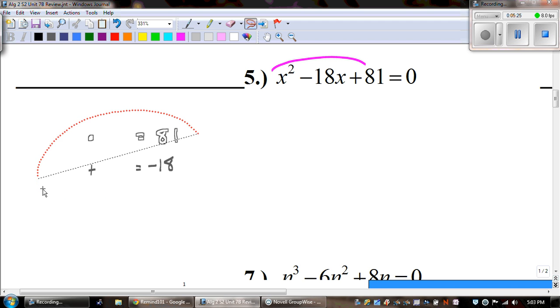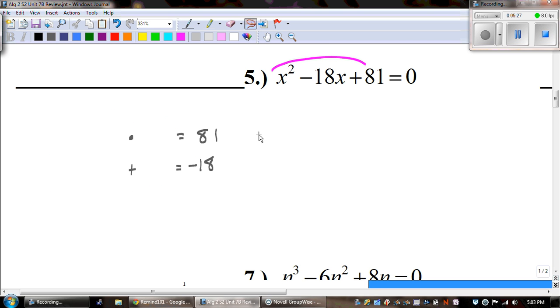Now, if you don't know this right off the top of your head, you need to write down all the factors of 81. So 1 and 81. 2 doesn't go into it, but 3 does. 3 and what? Well, use the calculators, guys. Yeah, you should have gotten 27.